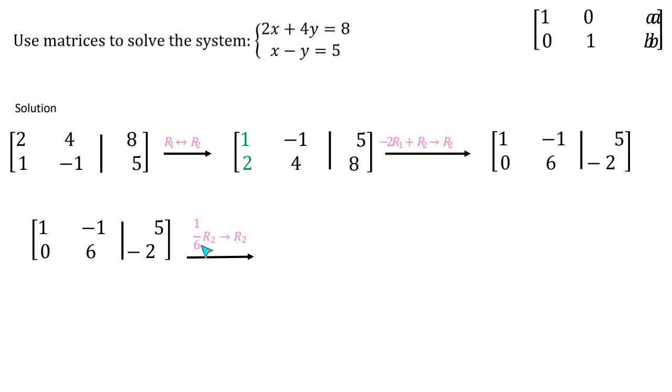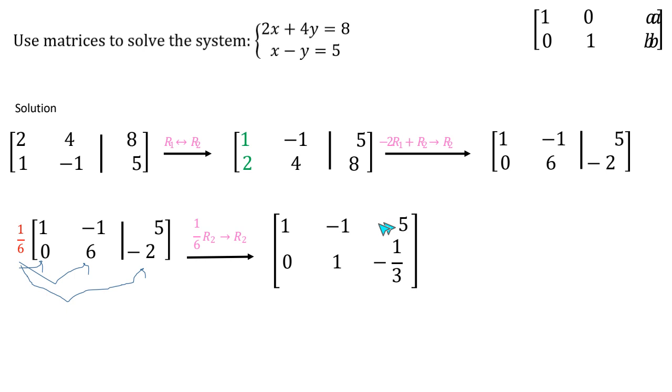So the first row is not being changed. 1/6 times 0 is 0. 1/6 times 6 is 1. And 1/6 times -2 is -1/3. So now we have our 1, we have a 0, and we have our 1.